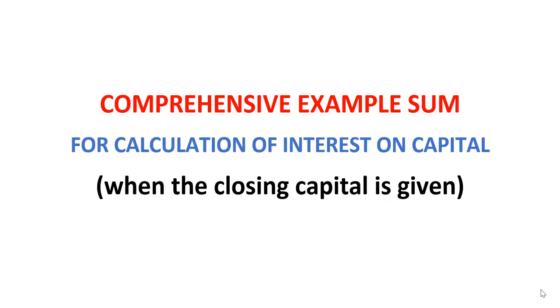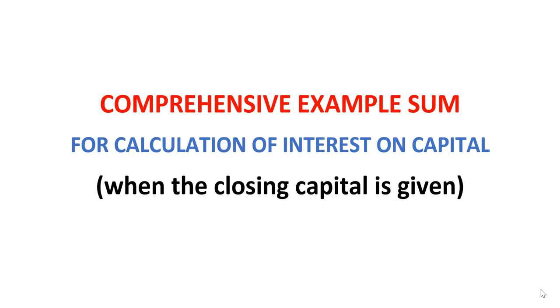In this video we will do a comprehensive example sum for calculation of interest on capital when the closing capital is given. Now interest on capital has to be calculated on the opening capital.